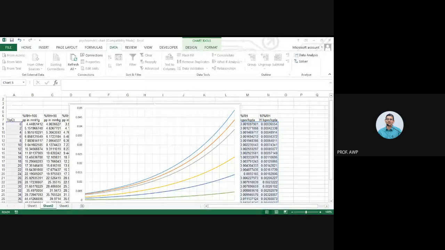Craig D'Souza, are you doing in Excel? No, sir, I will do it after the lecture. Bhakti, are you doing in Excel? No, sir, I'm on mobile, so I can't. Do it later.